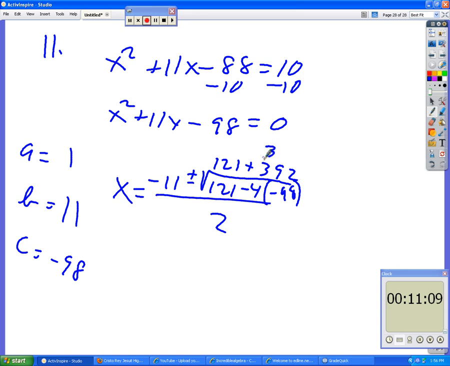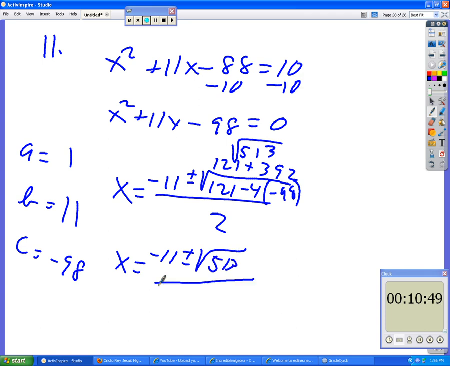I get 513. So I get a square root of 513. And I write my answer. X is equal to negative 11 plus and minus the square root of 513 all over 2. And we're done.